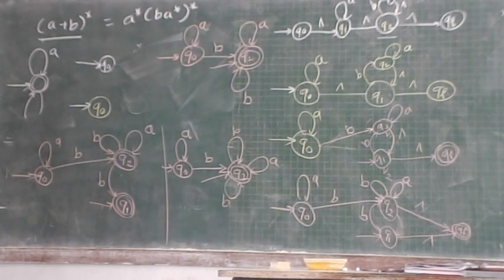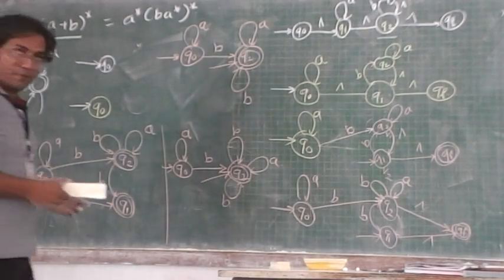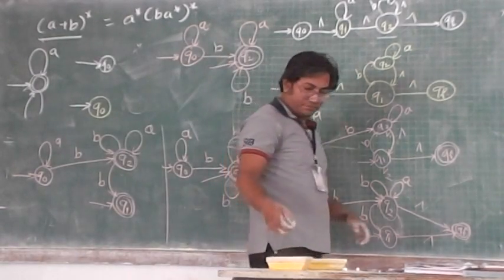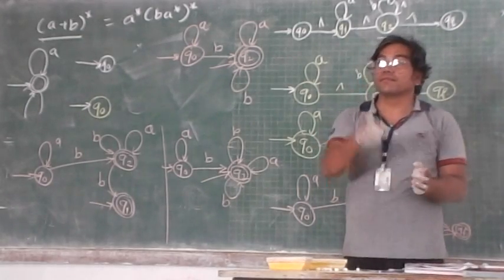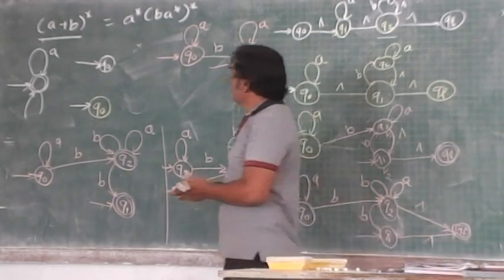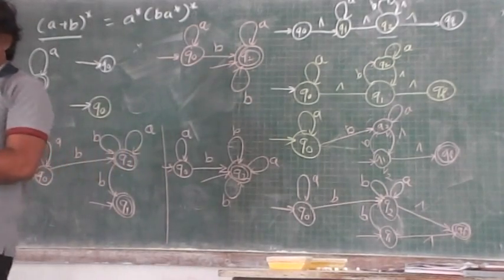Q0 and Q2, I say it is not possible. Huh? Make Q0 also a final state. How to make that?